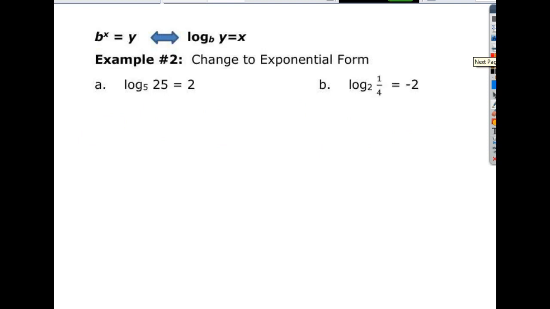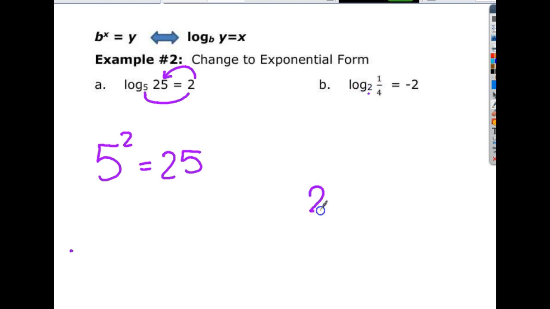If it's in log form, how do I change it back into exponential form? Well, here's the base. This is the exponent, and it's equal to the 25. And of course, we would know that that is true. 5 squared does equal 25.